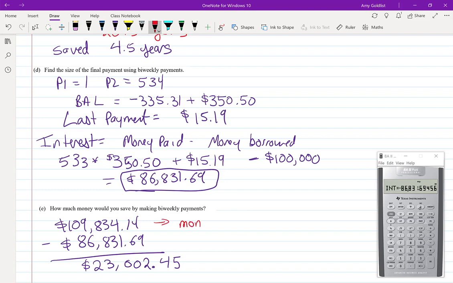This is $23,000. I'm just going to say that that's the monthly payments, and that's biweekly accelerated. So we saved $23,000 and 4.5 years by switching to biweekly accelerated payments.